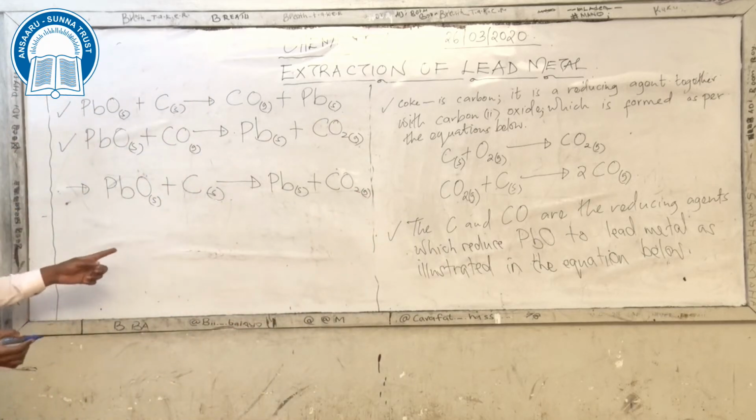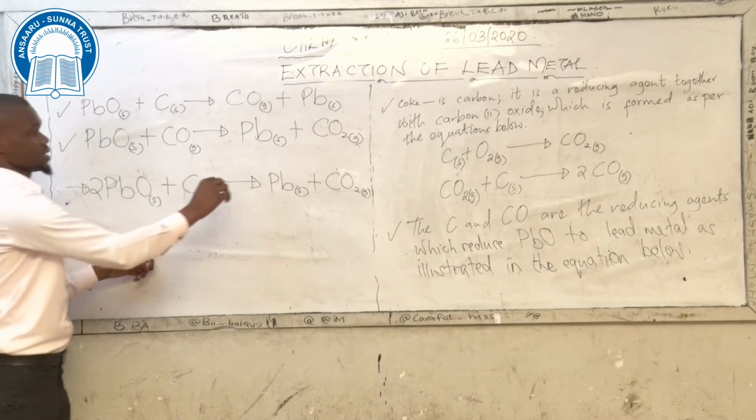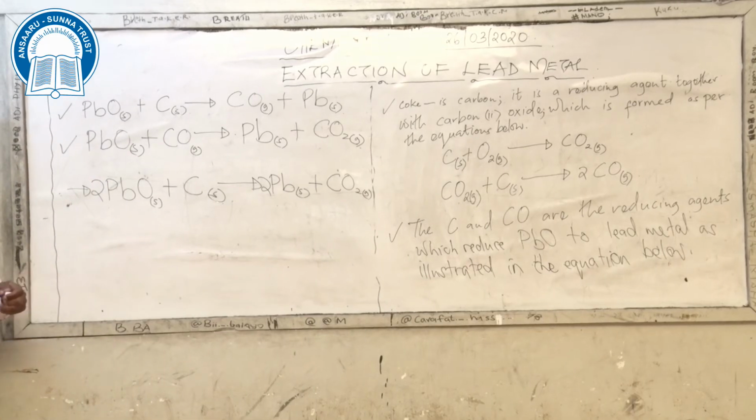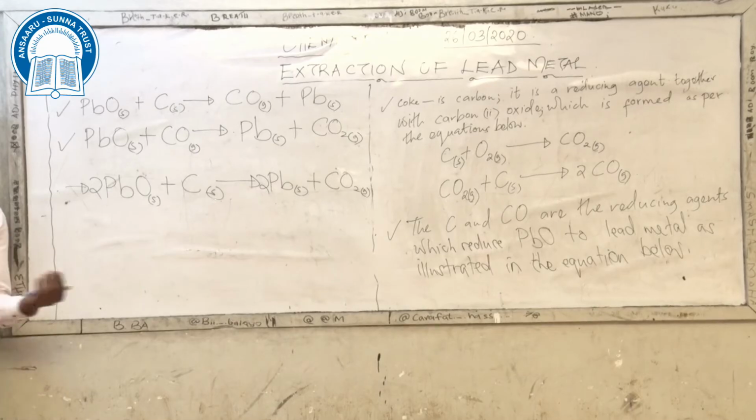But in doing this, we will be required to balance there by putting a 2 and balancing here by putting a 2. All these three equations are okay if you write them as the reduction equations for the formation of the metal.